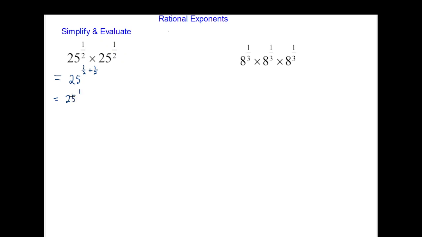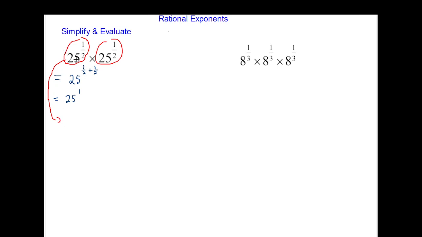And that in itself may not be all that interesting, but what is interesting is that we took a number here, whatever this number happens to be, and we multiplied it by itself. And when we did that, we got 25 to the 1, or just 25. So we took a number, multiplied it by itself, and we got 25. That means that this number here must have been equal to the square root of 25.